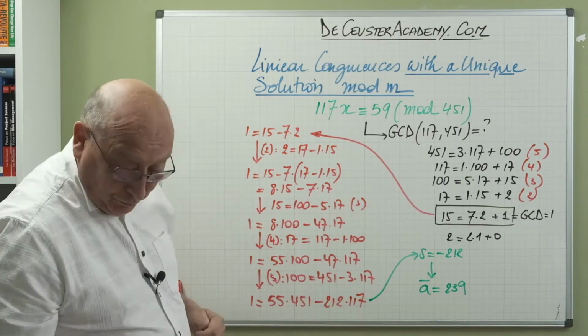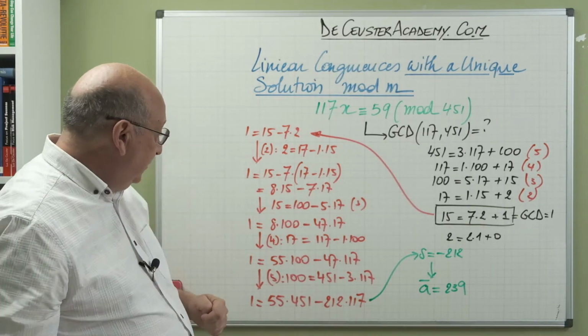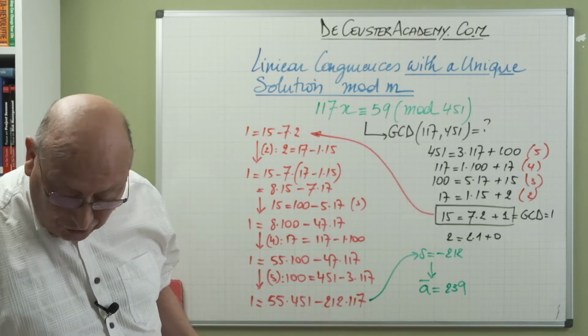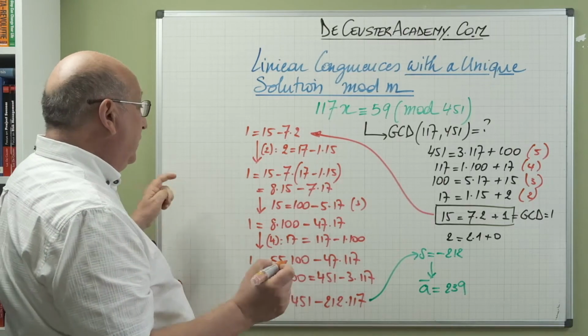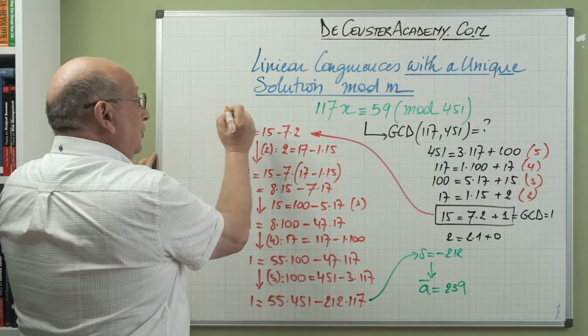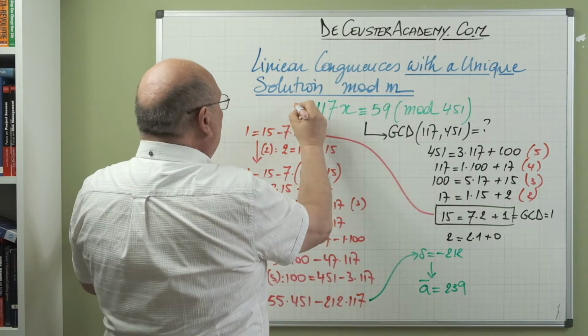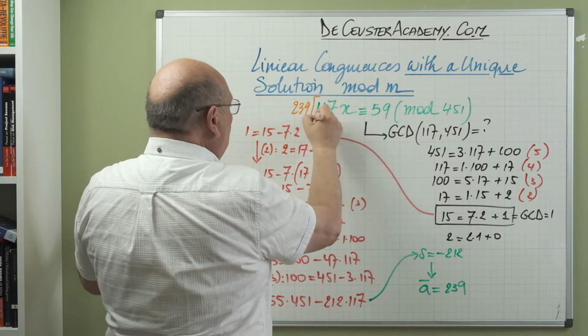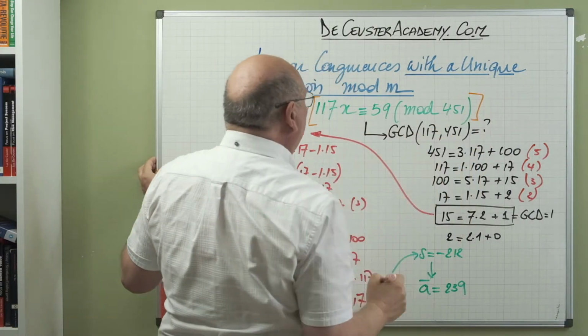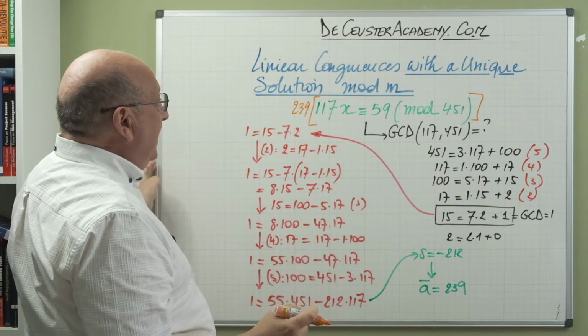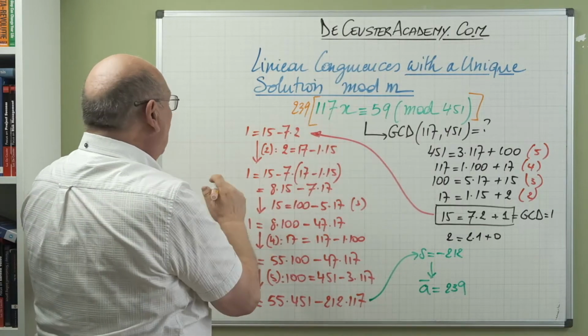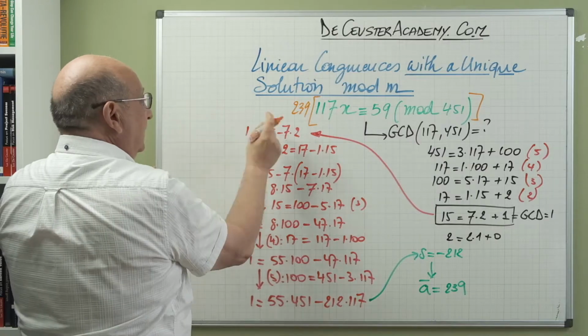So where can we put it? I have some space left here. Which color? Orange, yes. So what we can do now is multiply both sides by 239.